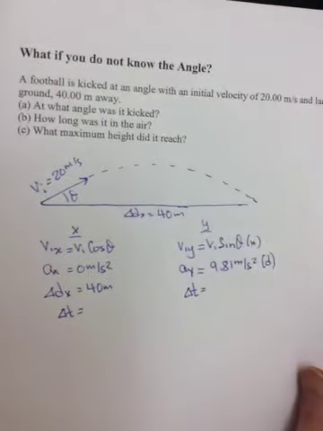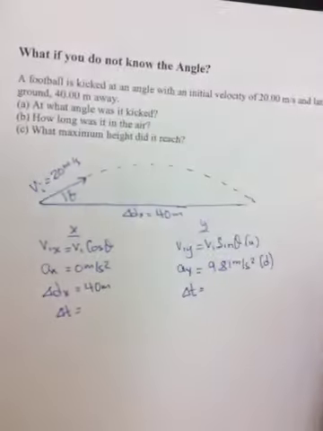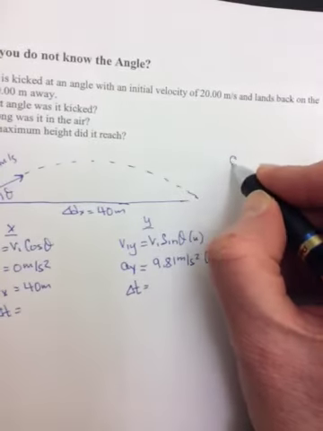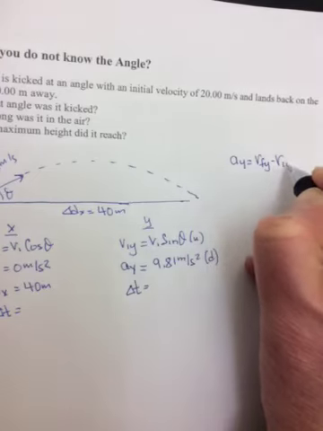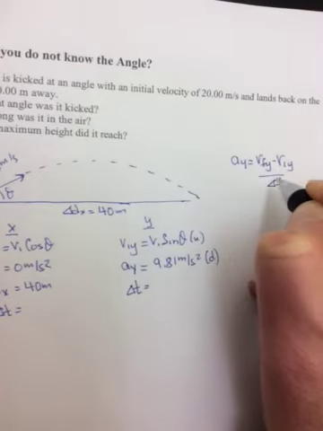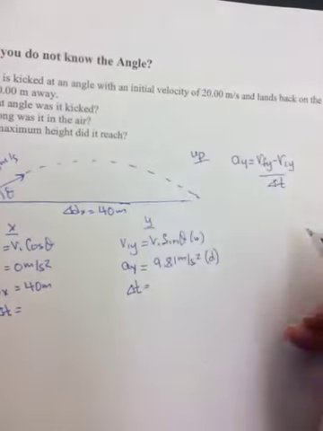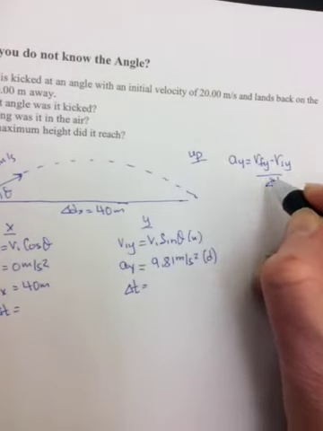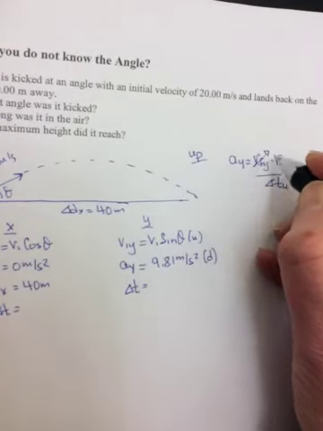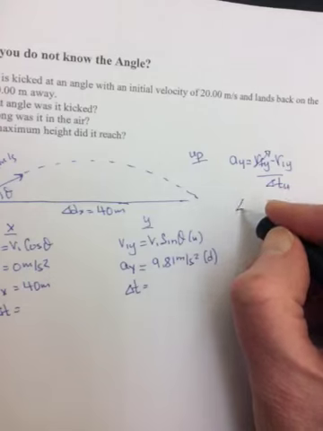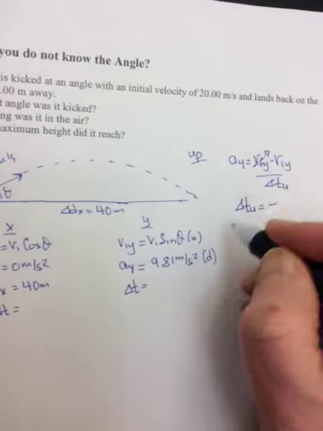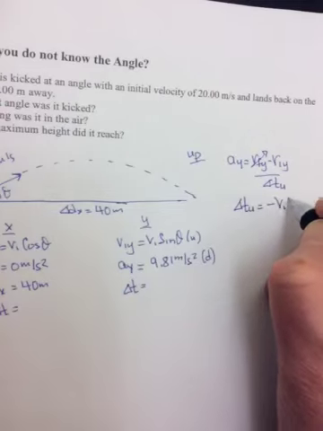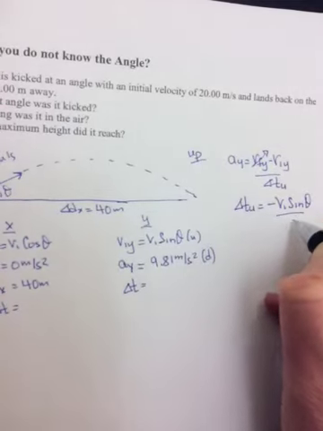Okay? It's ground to ground, so we can start where we've always started. AY is equal to VFY minus VIY over delta t, and we can look at just up. So put a u on your t for up, and VFY goes to 0, and we can get delta tu is equal to negative VIY, which is VI sine theta, over AY.